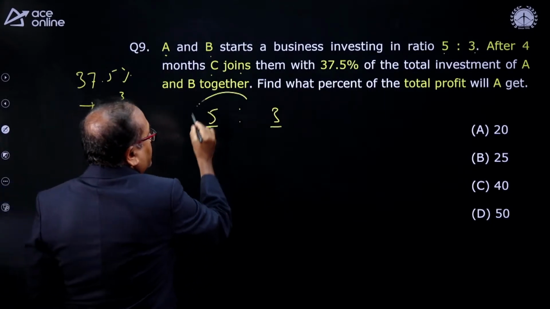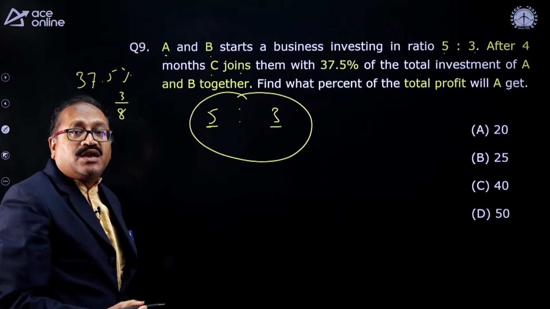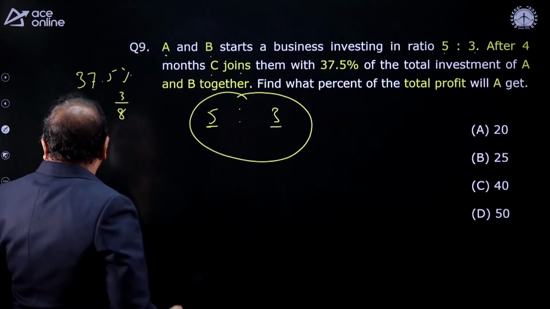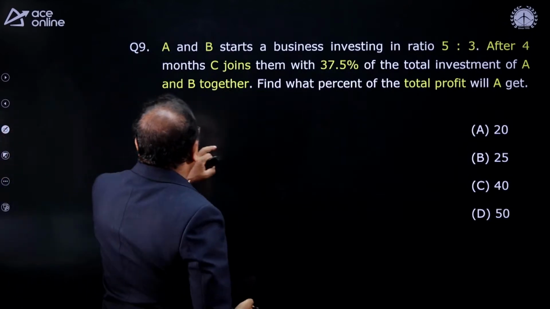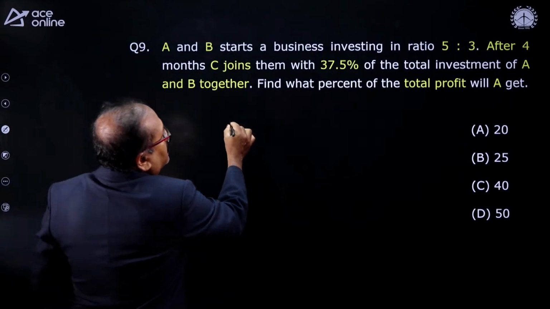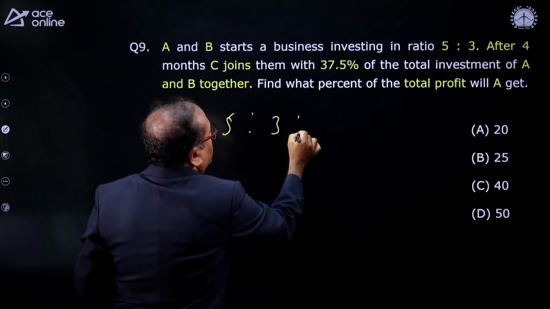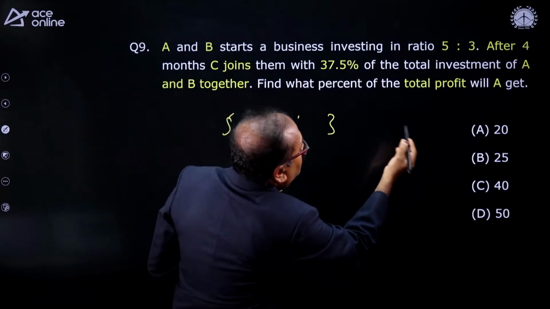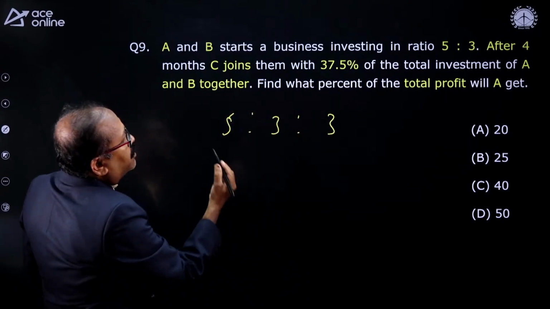If I add A and B together, this is 8. So 3/8 of 8 is 3. Okay, I erased everything. That is 5:3, and here we got 3. Okay, and now for A and B, what is the time?